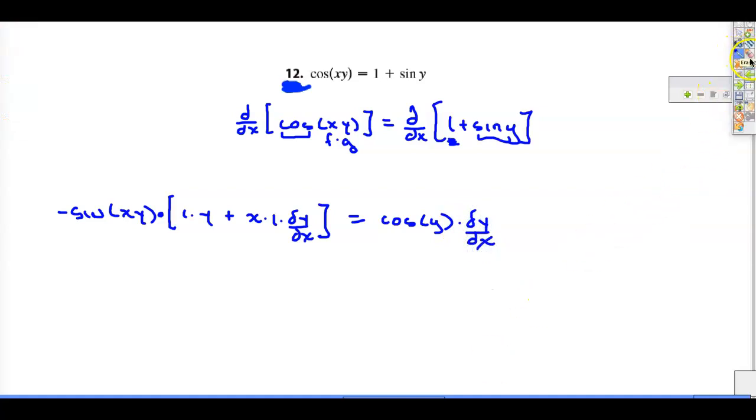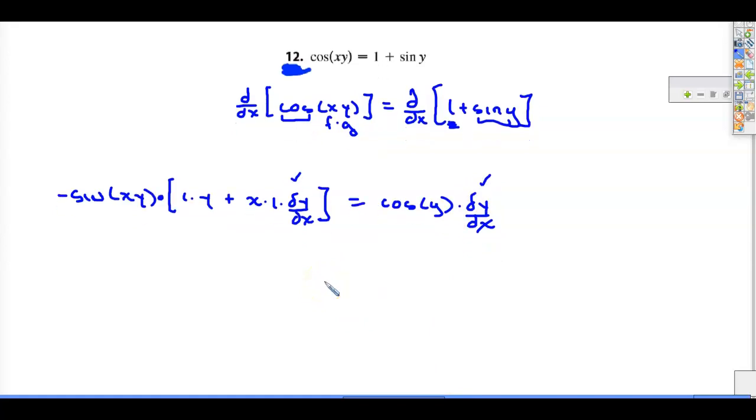And this is where it becomes a little bit more work here, and the reason is that you have dy/dx on both sides. So this is similar to solving an equation, meaning you're going to have to distribute this term and this term.